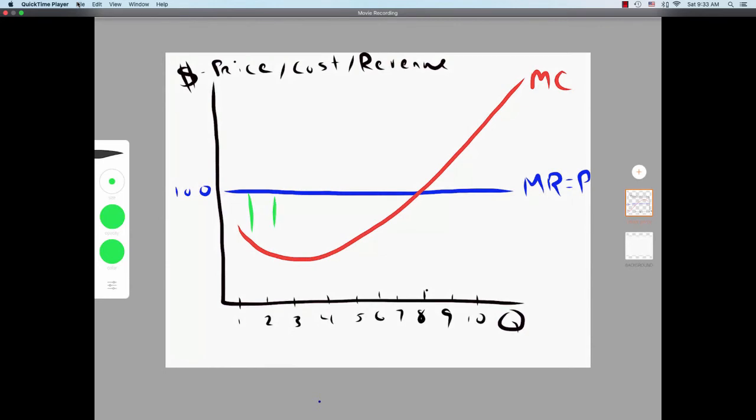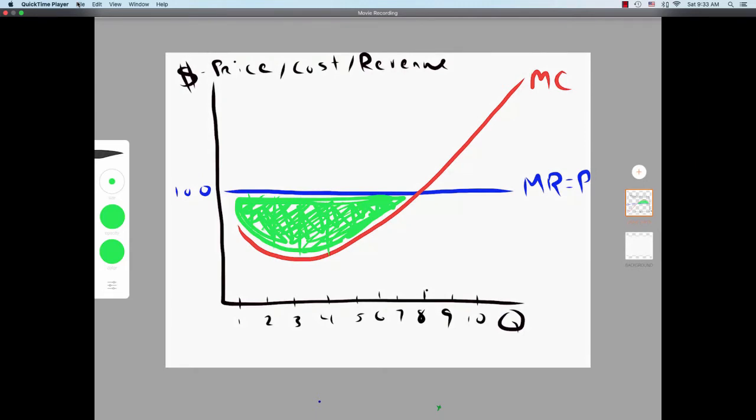Here at 1 and 2 and 3 and 4, all of these output levels generate positive profit because the additional revenue is above the additional cost of production. In fact, we could sort of color all of this area in here and say, when a firm is trying to decide how much output to produce, as long as we're in this area, you continue to produce because it yields more revenue than it costs you.